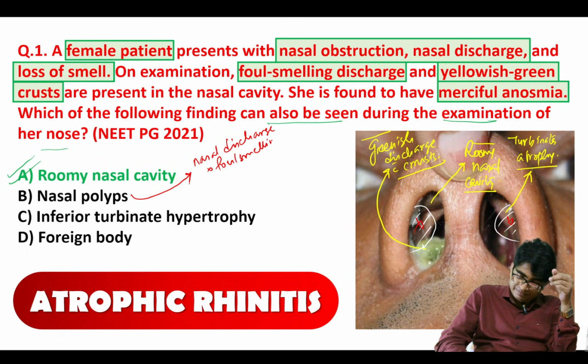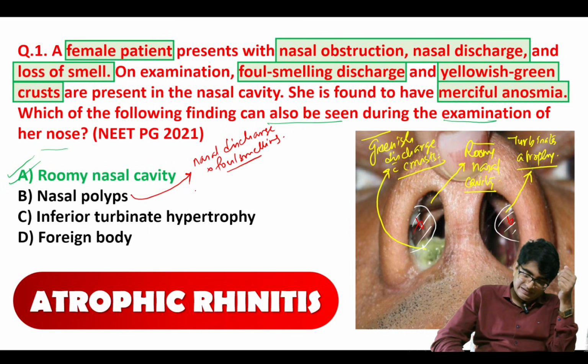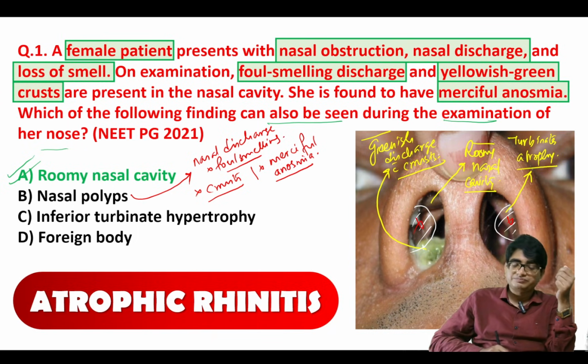The patient will have foul smelling nasal discharge in nasal polyposis only and only if this is having a secondary bacterial or fungal infection. Secondly, the patient may also have nasal obstruction but no crusts, and lastly there is no merciful anosmia in nasal polyps, correct?